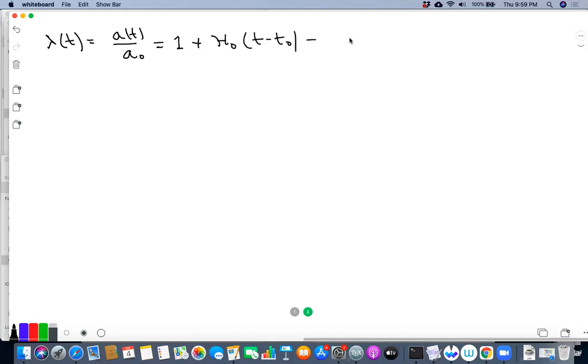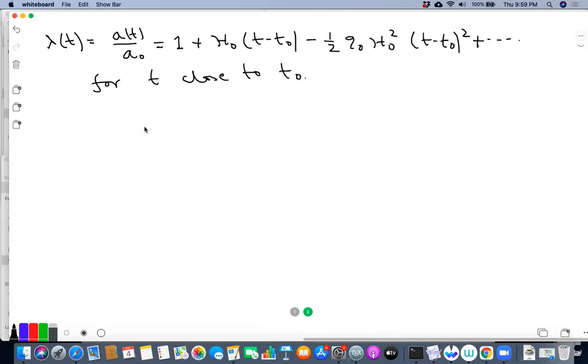Then a term proportional to t minus t naught squared, which we will parameterize in a particular way, half q0 h0 squared times t minus t naught squared, and so on. This is of course valid for t close to t naught, but close would mean in cosmological scale.